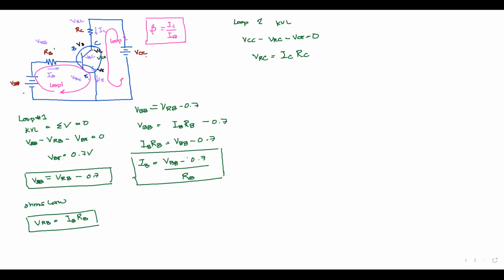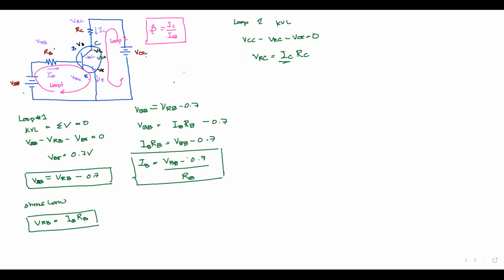Okay. So here we are. In this case, I have here my I sub C, and I have my I sub T somewhere there. I'm trying to make this simple.